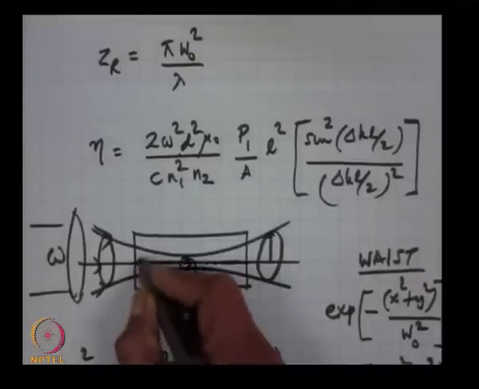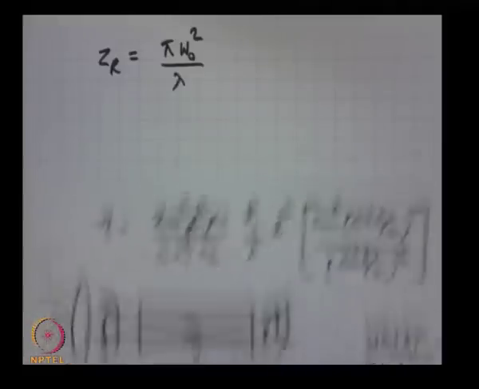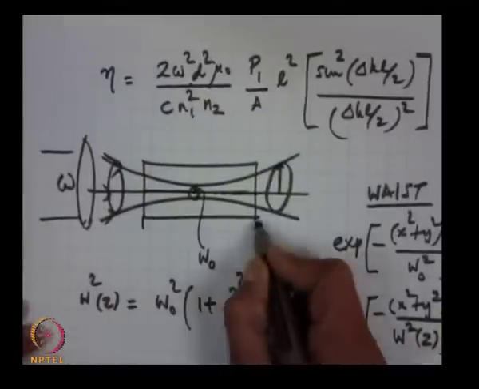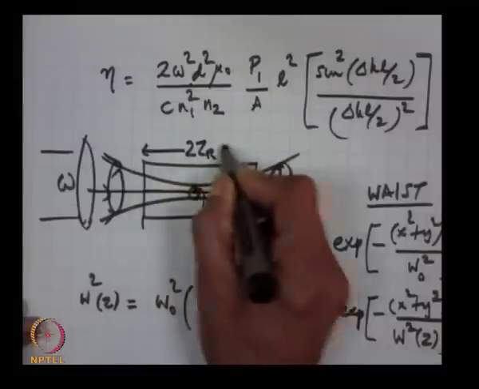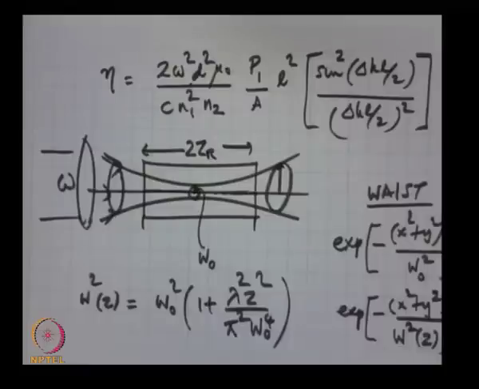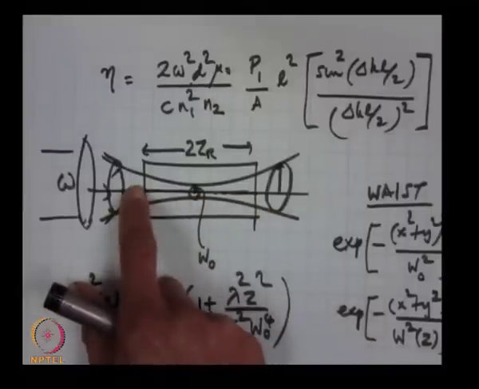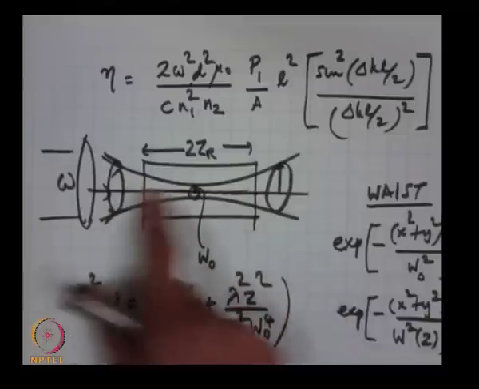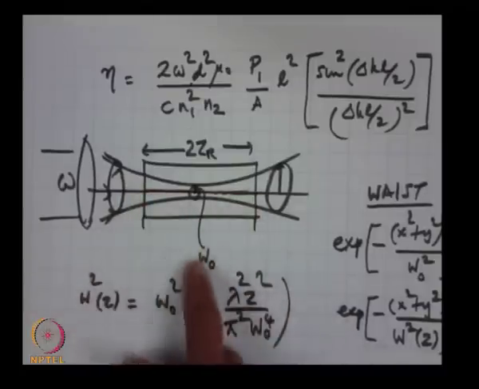So I can approximately define a distance 2 times ZR, that means from this value to this value, this is the distance over which the beam will maintain its approximate cross section. It is not exactly W0 all the way, but it is W0 here, √2 times W0 here, and √2 times W0 here.